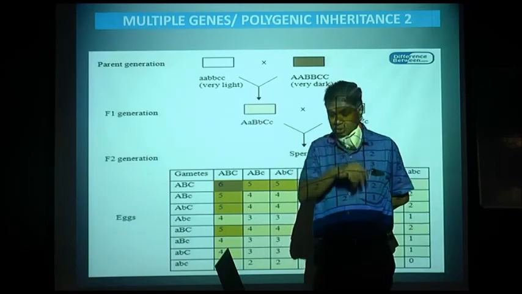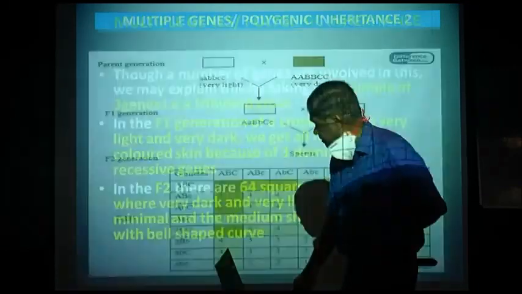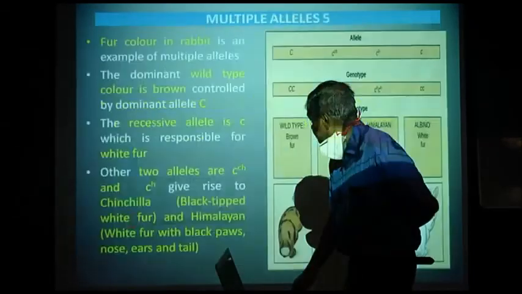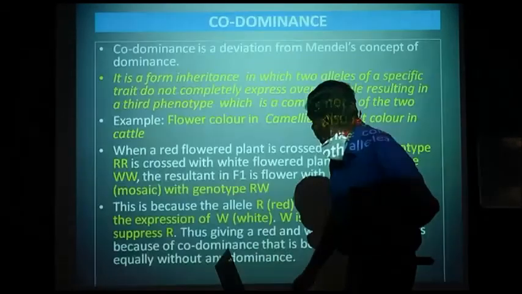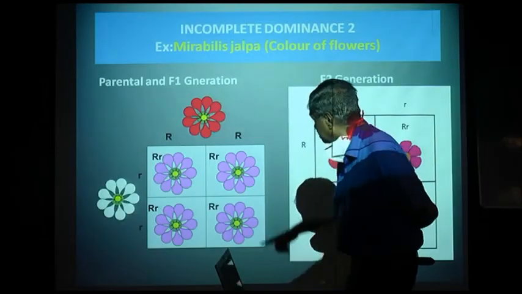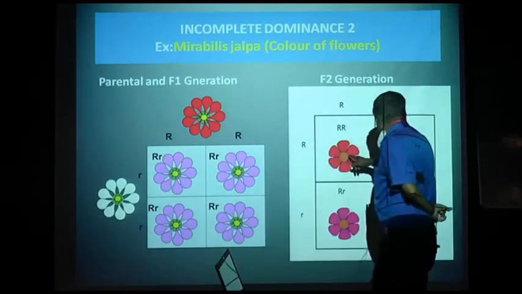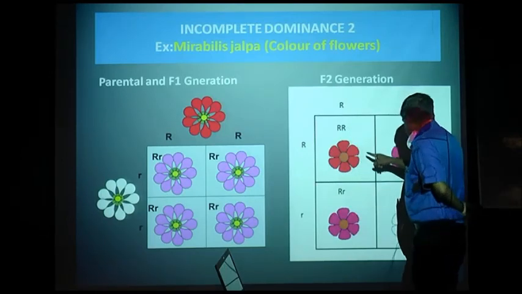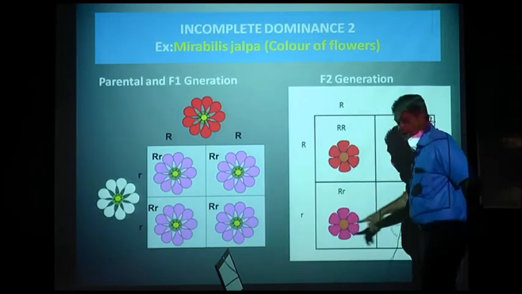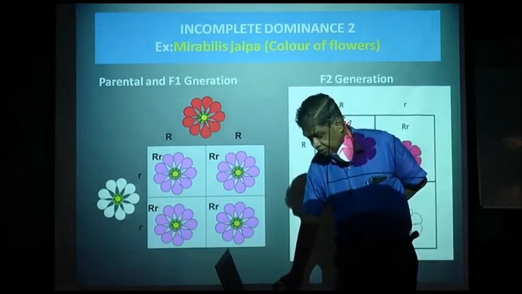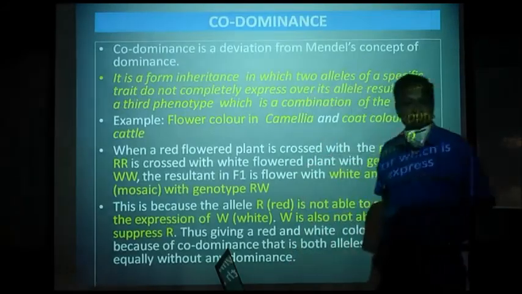But in Mendel's cross, we would have wanted red, white, and we get pink, and this pink selfed gives 1:2:1. The phenotypic and genotypic ratios are the same.